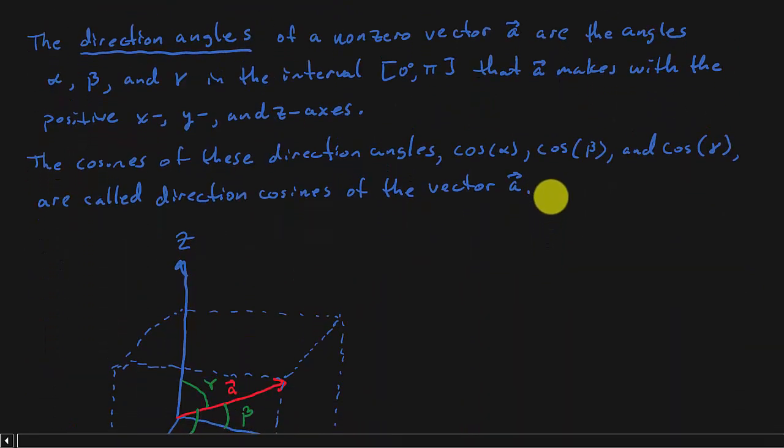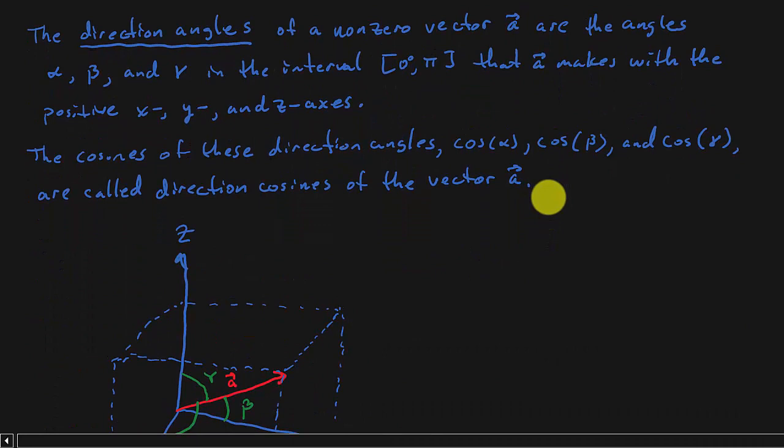All right, so now let's talk about direction angles. The direction angles of a non-zero vector A are the angles alpha, beta, and gamma. I know the gamma I draw might not look that good, but it's gamma. In the interval 0 to pi, that vector A makes with the positive x, y, and z axes.